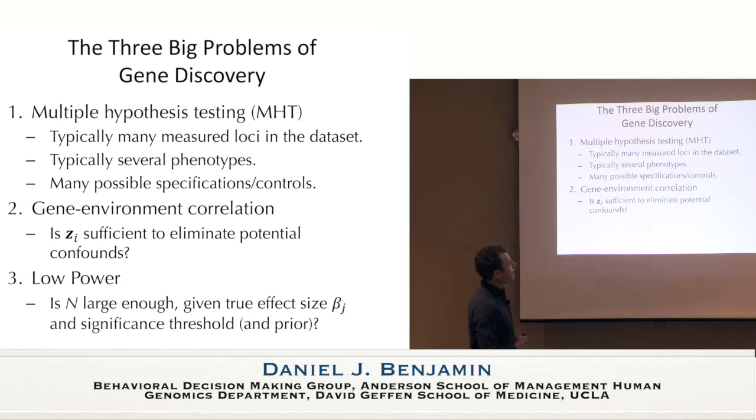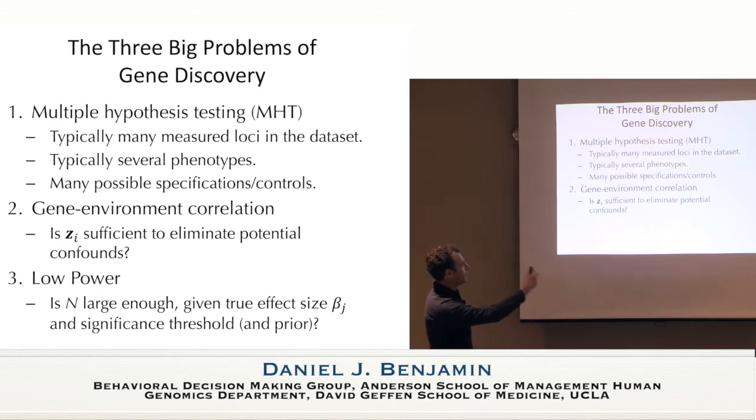The second problem, which I realize I described on an earlier slide as population stratification, but I want to be more general here and talk about gene-environment correlation. Population stratification is one case where gene-environment correlation comes up, but there are also potential indirect effects from parents. There was that example from the early exchange with Tammy about parents potentially having alleles that lead to less nurturing behavior that might lead to aggressive behavior in the children.